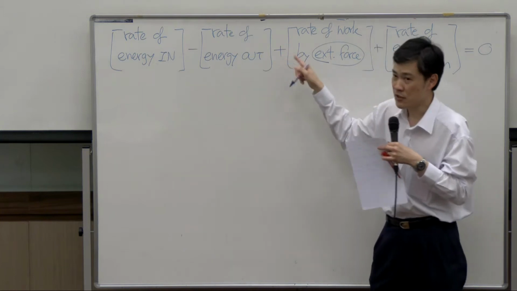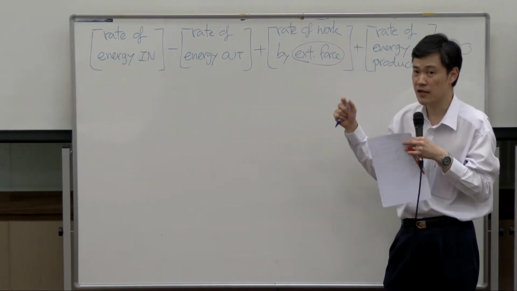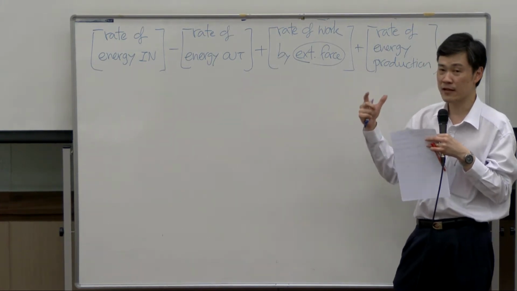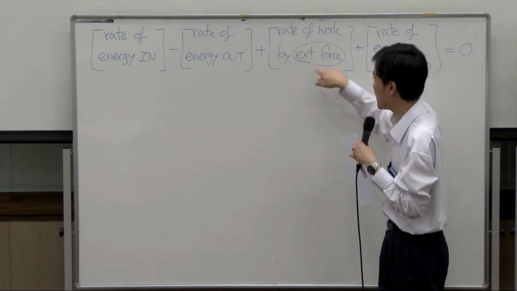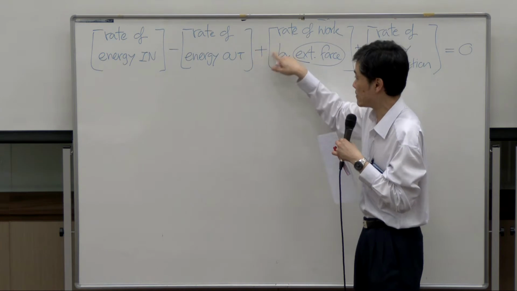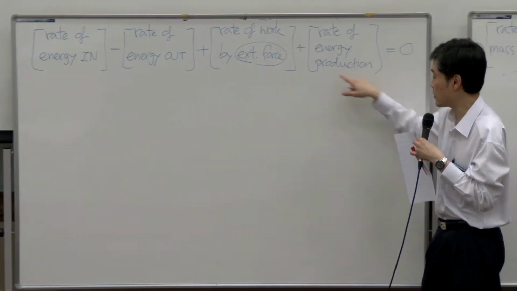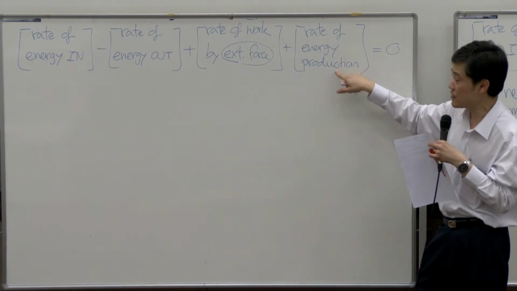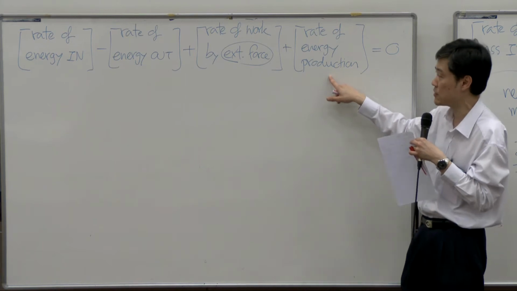This is a positive sign, which means this work is done on the system, so that the system gains some energy. So the rate of work done on the system by an external force would be added to the balance. Same thing here, energy production, in a sense, represents non-mechanical work like electricity applied to the system.